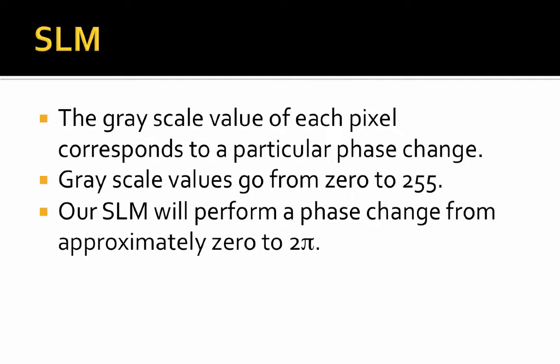You can already make a guess about grayscale values to phase, knowing that grayscale goes from 0 to 255 and the phase will go from 0 to 2 pi. But we don't know yet what the precise correspondence is between grayscale values and phase.